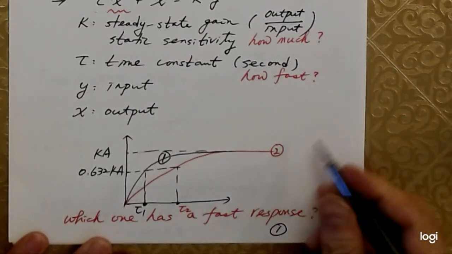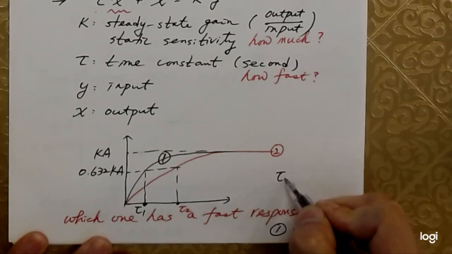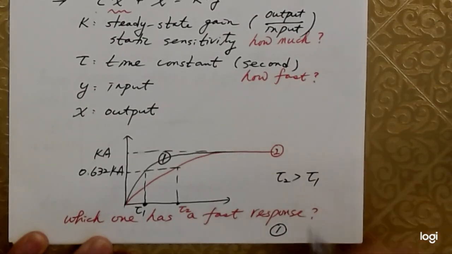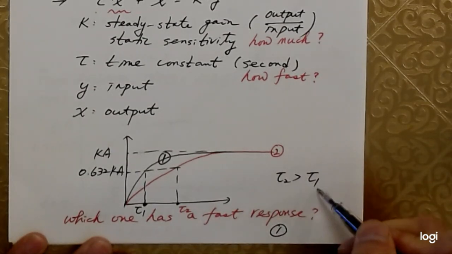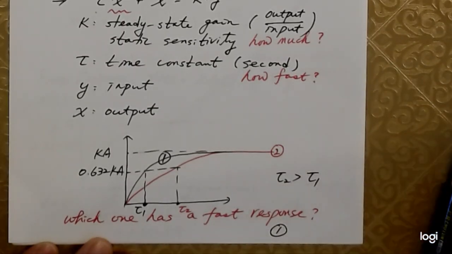Of course, tau 2 is greater than tau 1. The smaller the time constant, the faster the response.